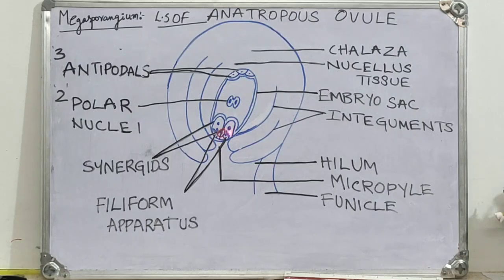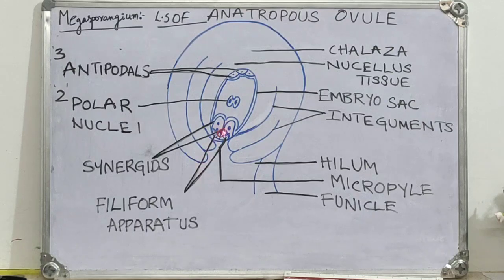Then immediately what happens? The pollen tube is carrying two male gametes, as we already know. How are the two male gametes produced? When the generative cell nucleus divides mitotically, two male gametes are produced. So those two male gametes are inside the pollen tube.